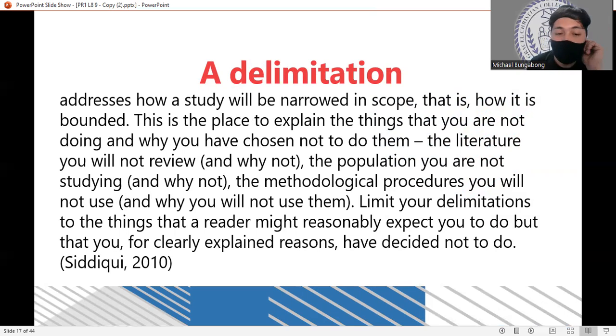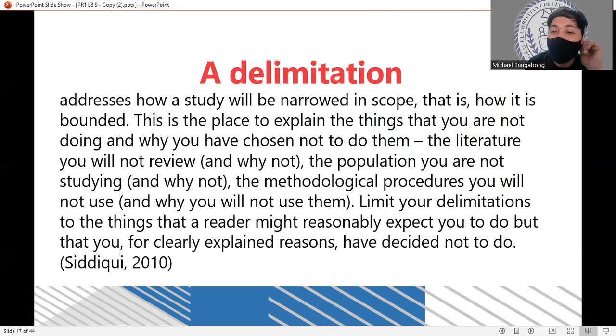But what do you mean by a delimitation, class? A delimitation addresses how the study will be narrowed in scope. That is how it is bounded. This is the place to explain the things that you are not doing and why you have chosen not to do them. So the literature you will not review.